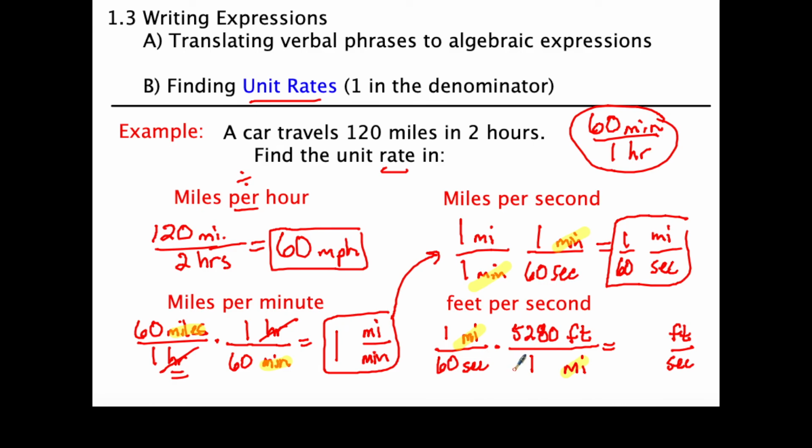And if I grab my calculator real quick, 5,280 divided by 60 comes out to an even 88 feet per second. So again, 60 miles per hour is the same thing as 1 mile per minute, same thing as 1/60th of a mile per second, would be the same thing as 88 feet per second. All of those rates being equivalent.